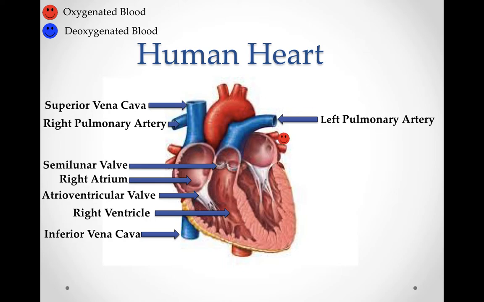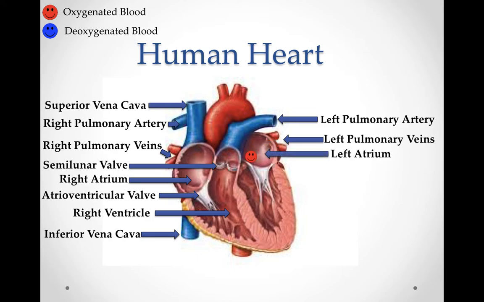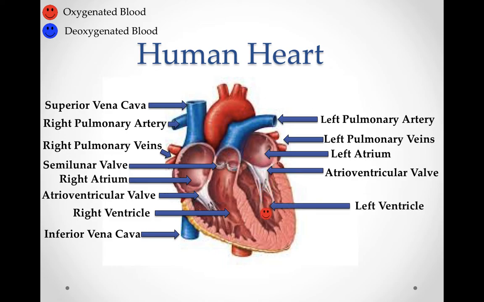So when the oxygenated blood comes back from the lungs, it's going to return via the pulmonary veins. That blood is going to collect in the left atrium. We go through another atrioventricular valve, and now we are in the left ventricle. This is the most muscly part of our heart.